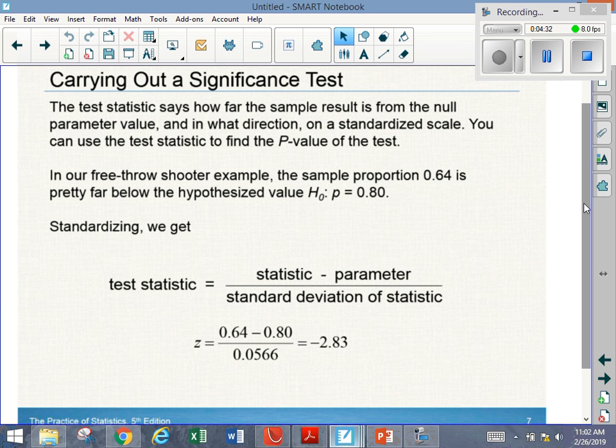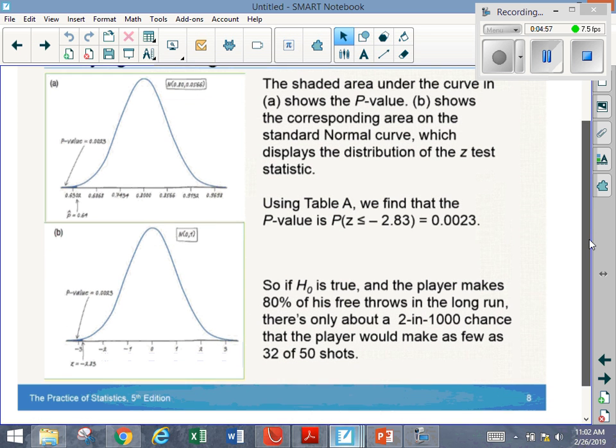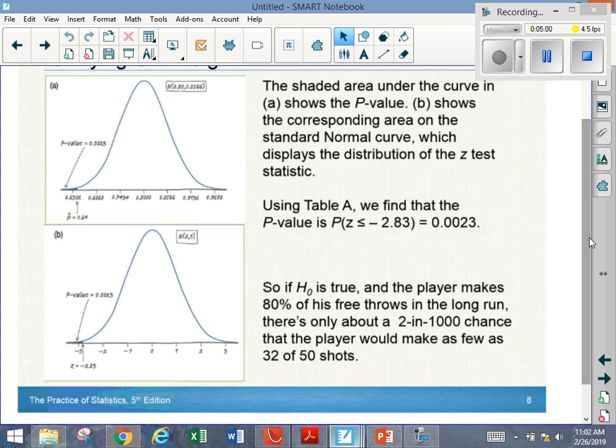In this case, we have a standardized value, a z-score, of negative 2.3. What is the probability that we have a value as extreme or more, in the lower end of things, than that? It's pretty small. We're going to find out what that is right here. That value is extremely small: 0.0023.